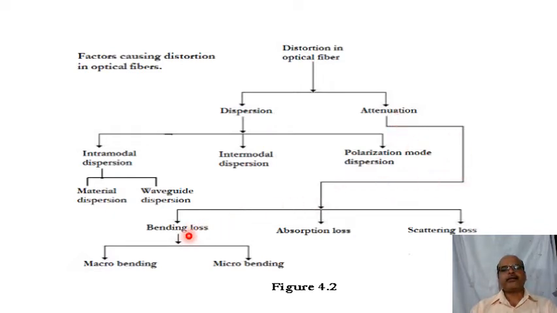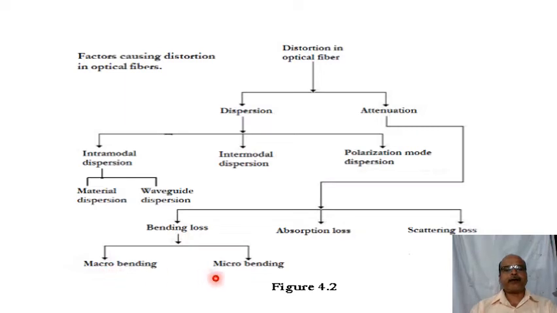In attenuation there is bending loss, absorption loss, and scattering loss. The bending loss is of macro bending or micro bending. Your second experiment is on this bending loss and also propagation loss. So in an oral exam, what are the different types of bending loss?